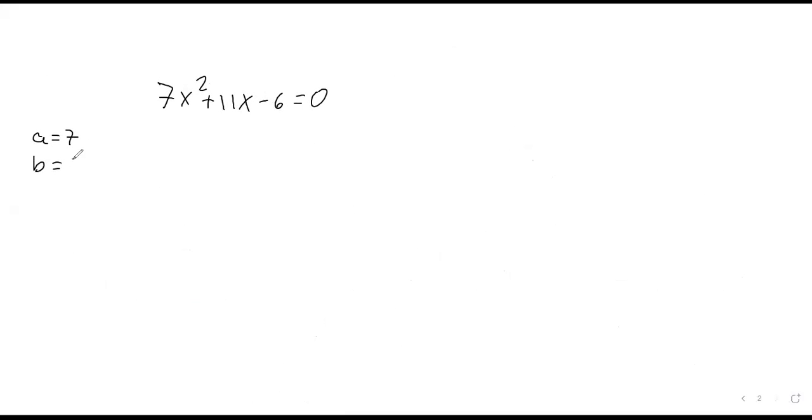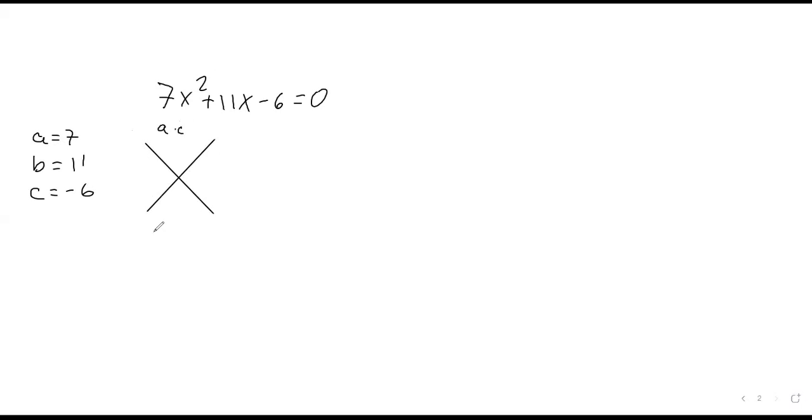A is 7, B is 11, and C is negative 6. So it's a little bit different because now A is not 1, now A is 7. So it's going to be the same steps, but before we had a 1 and that made everything faster.